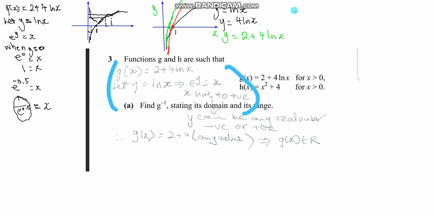So let's look at the function g of x, which is 2 plus 4 log x. The domain is x more than 0, and then the range is the value of the function, the value of the g function.